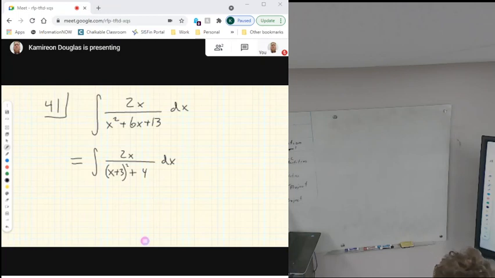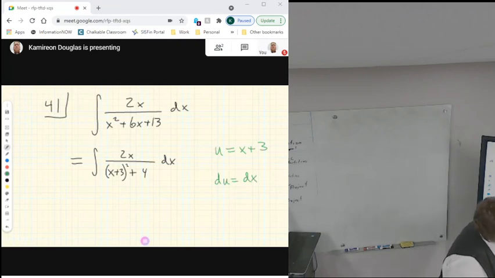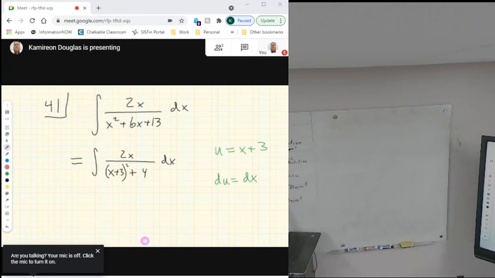For this problem, I make a U substitution. The problem with doing a U substitution here is that the top never goes away, so I have to back solve for x using u. This means u minus 3 equals x.